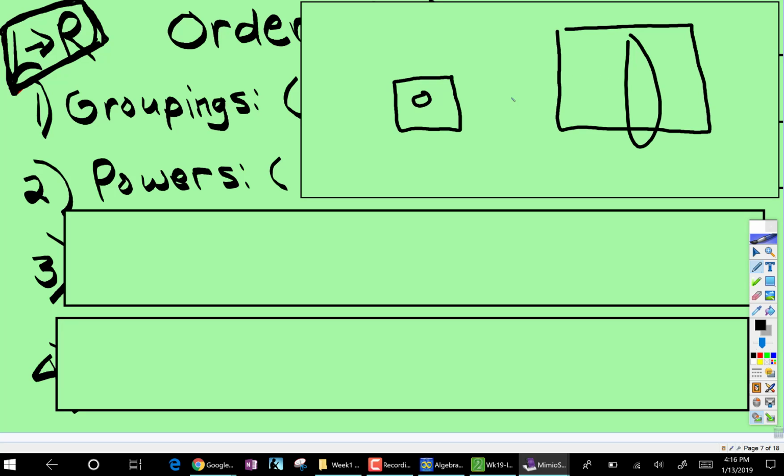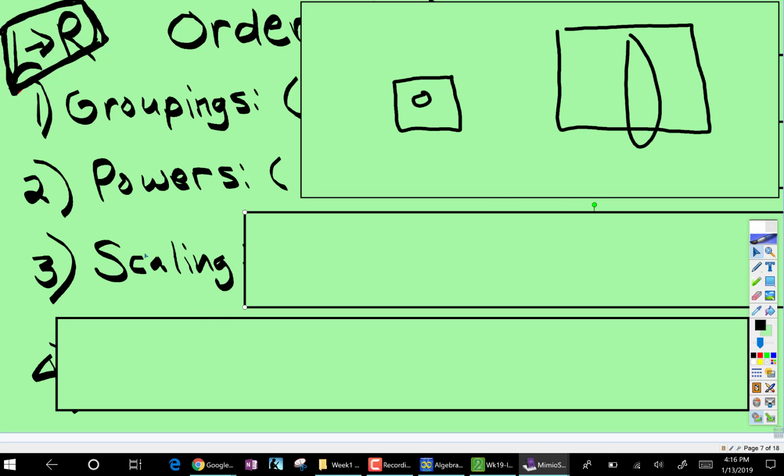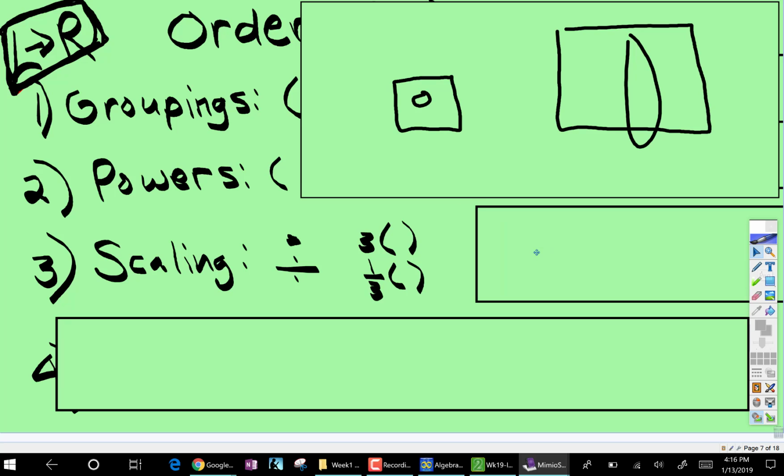When you keep the same perspective, so the photo looks correct, that's called scaling. Well, in math, scaling is multiplication and division. But it's whichever comes first as you read left to right. So scaling operations is multiplication or division, whichever comes first, left to right.